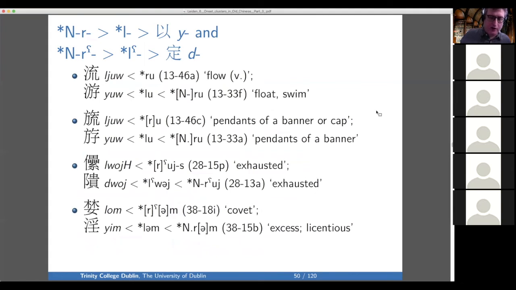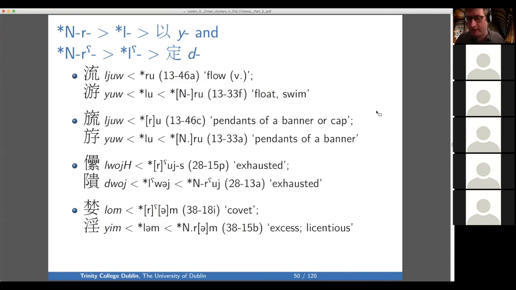Now, moving along with this nasal prefix, it also does some work for them with laterals. Basically, capital NR, which we already saw in the xiesheng evidence slide, would merge with L, and then L would develop into Middle Chinese as it would anyhow.